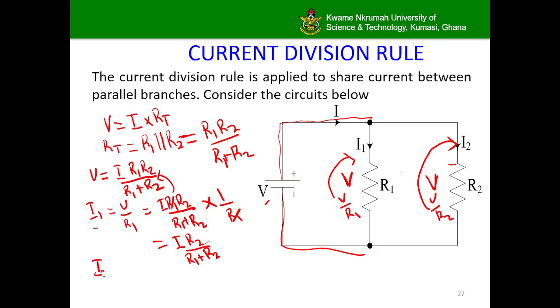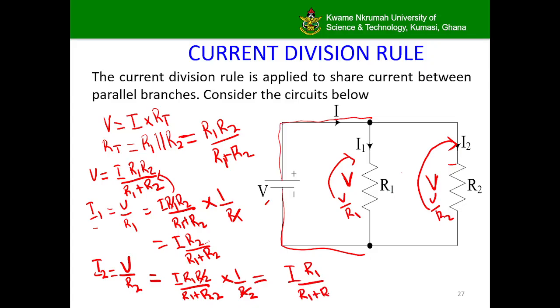I2 is simply V over R2, which is equal to V, which is I R1 R2 over R1 plus R2, divided by R2. This becomes times 1 over R2, and then R2 cancels R2 to give you I R1 over R1 plus R2.